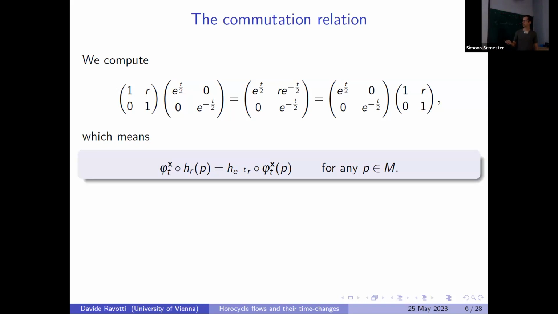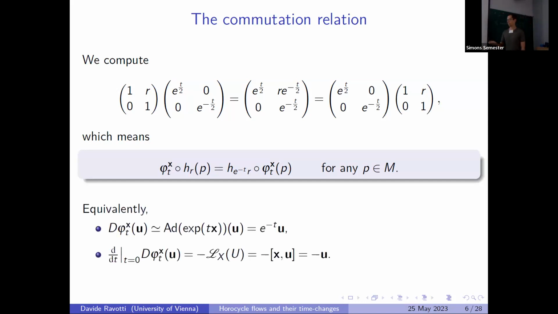The same fact, apart from being computed by this matrix computation, you could also see by looking at what happens if I take the differential of the time t map at the generator of the horocycle flow. We know how to compute this, it is the adjoint, and if you do the computation you get e to the minus t u. So this flow on the tangent vector of this guy shrinks it by a factor of e to the minus t.